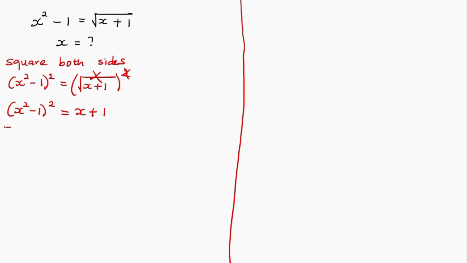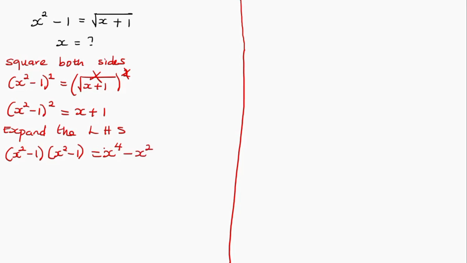Now we simply need to expand the left hand side of the equation. So expanding the left hand side, we have x squared minus 1 into x squared minus 1. And this is going to give us x times x squared, multiply x squared is going to give us x raised to the power of 4. x squared multiply minus 1, we are going to have minus x squared.